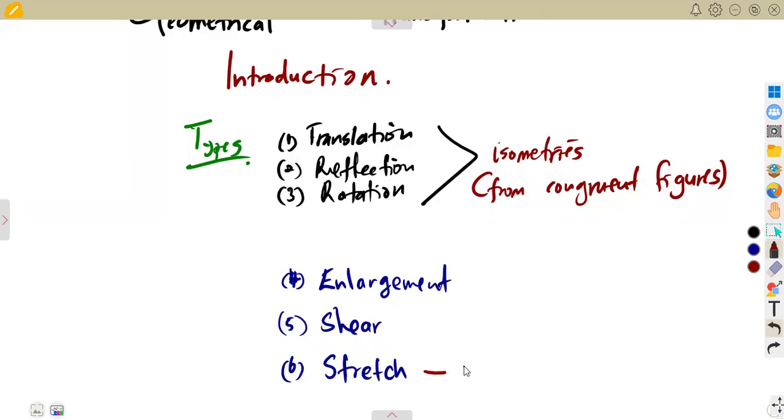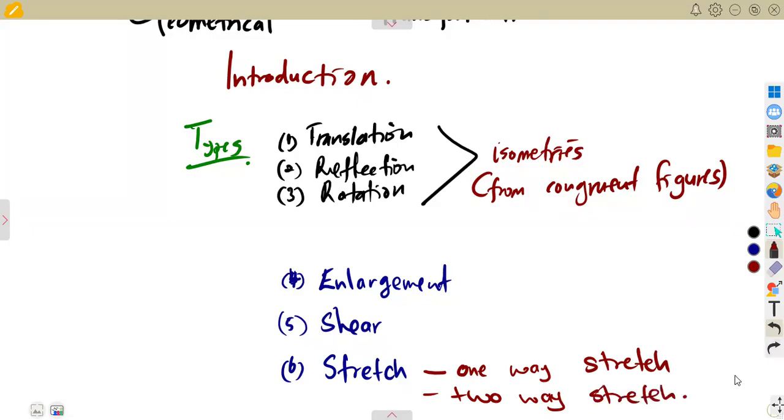So this one can be expressed in two: we can have a one-way stretch, and we can have a two-way stretch, just two-way stretch, not to confuse you guys.